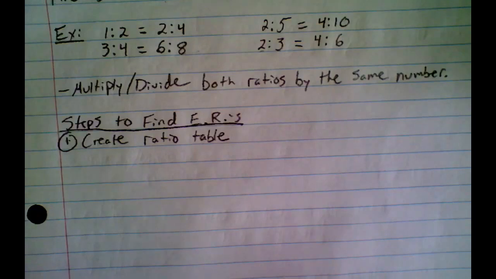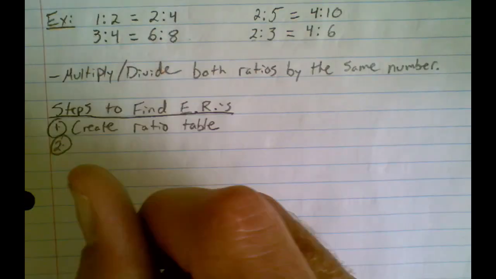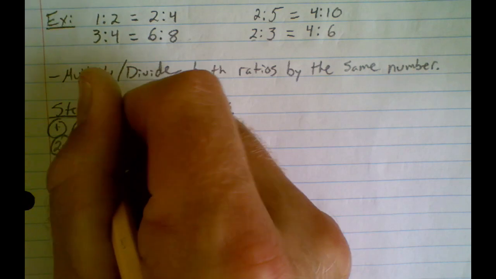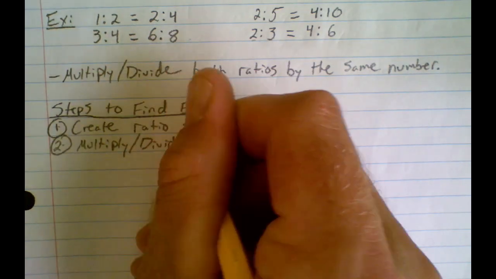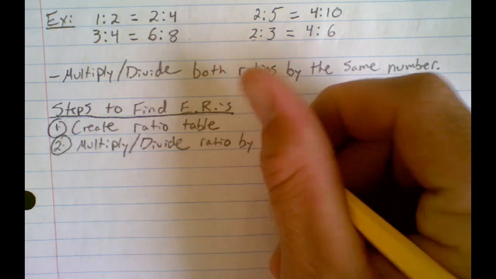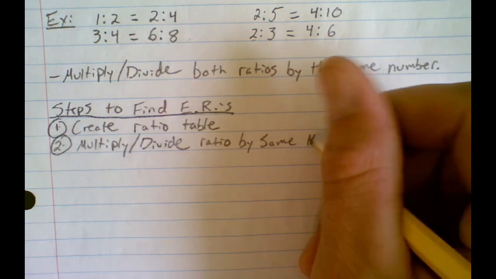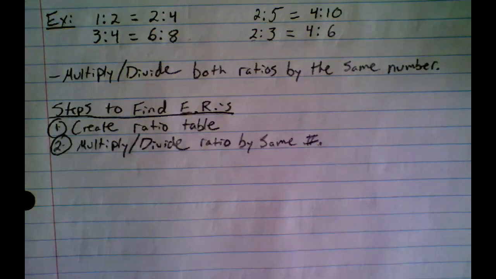Just create a table. Step 2 is multiply or divide ratio by same number. You can just write the number sign.